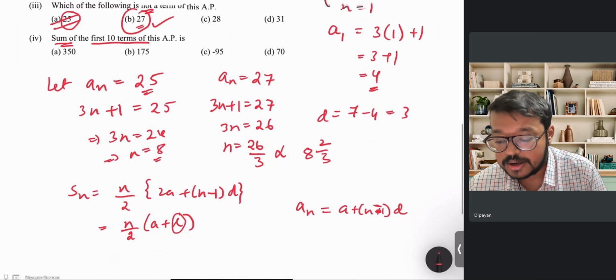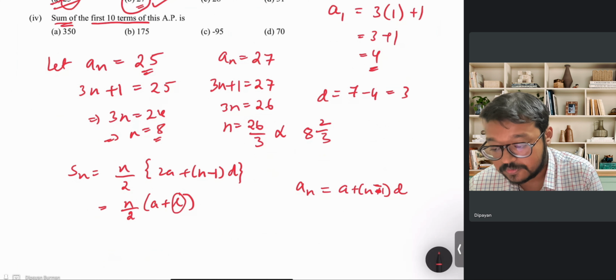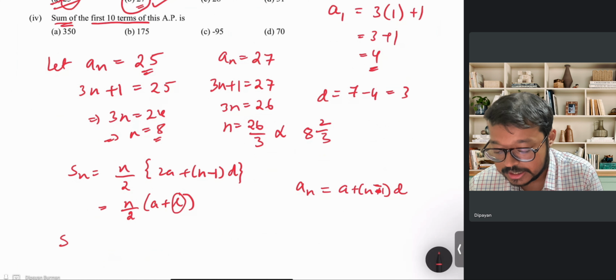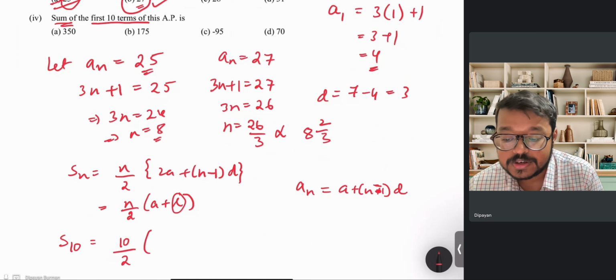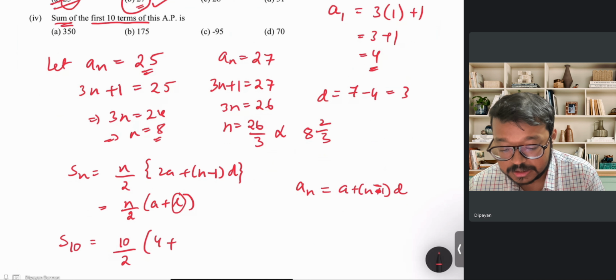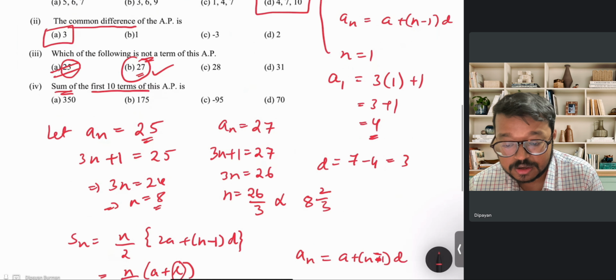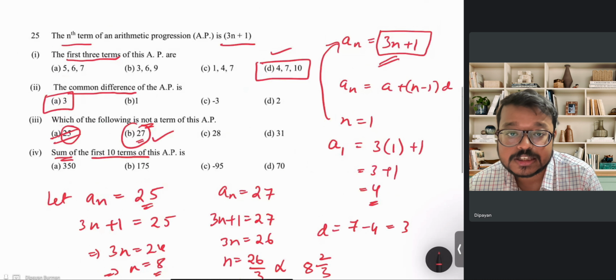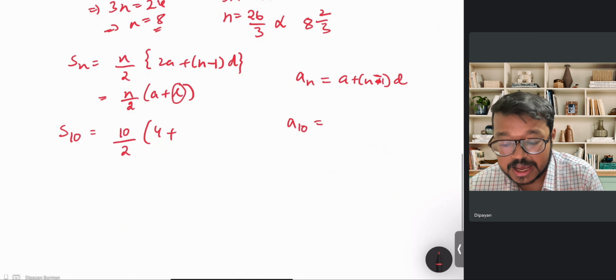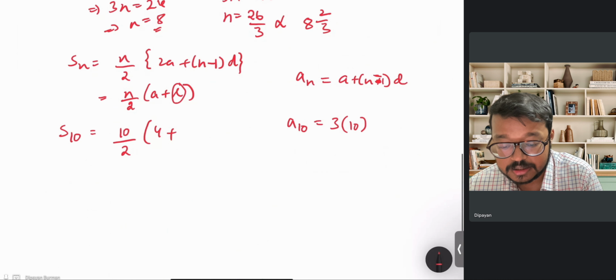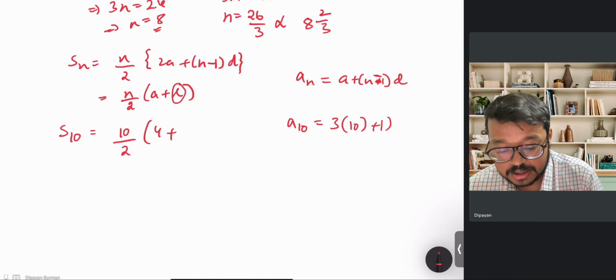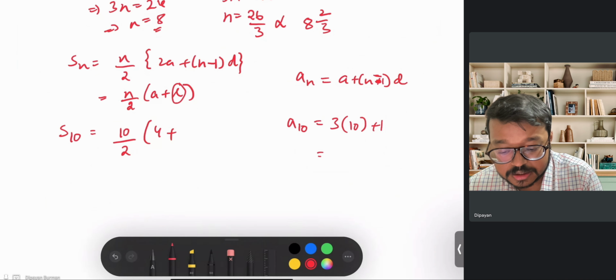Right. Now I need the sum of 10 terms. So n is equal to 10. S10, the sum of 10 terms, is 10 by 2 into, the first term we found was 4, and the 10th term, A10, if I plug the value of n equals 10 in the expression 3n plus 1, I get 3 into 10 plus 1, that is 30 plus 1, which is 31.